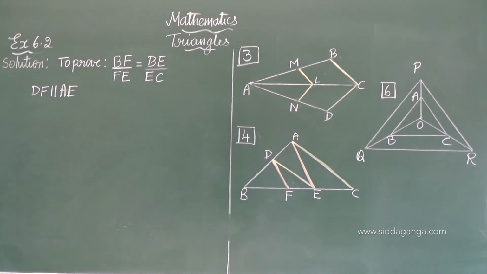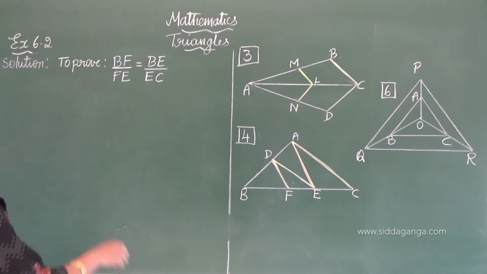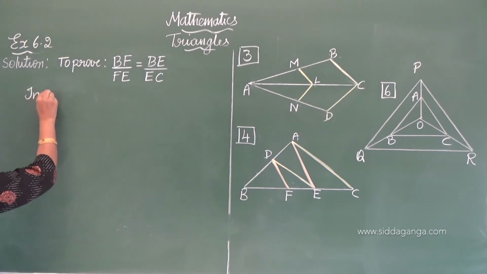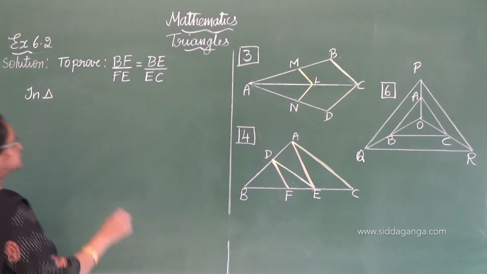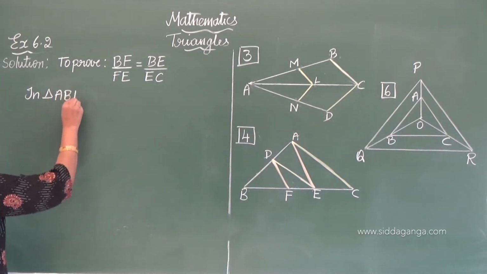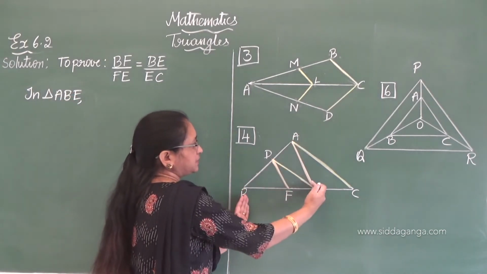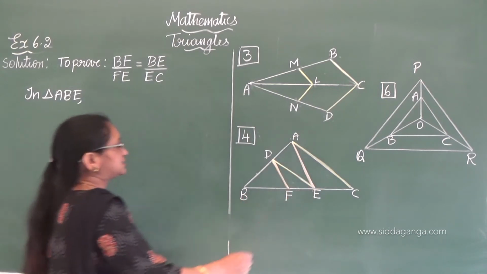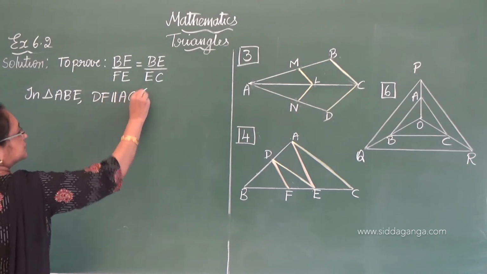So, in triangle, okay, you can write it here, 1 minute. So, let us take triangle ABE. Let us take triangle ABE. In triangle ABE, just observe this triangle only. ABE, DF is parallel to AE. This is given.